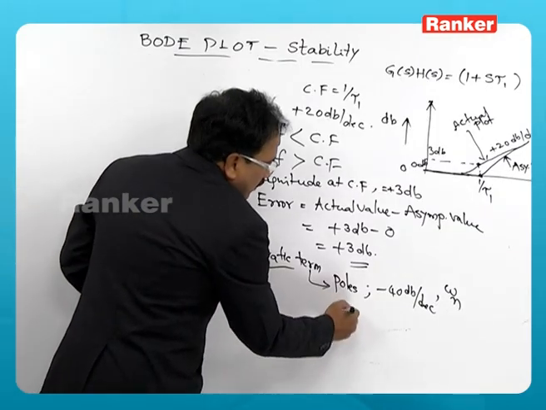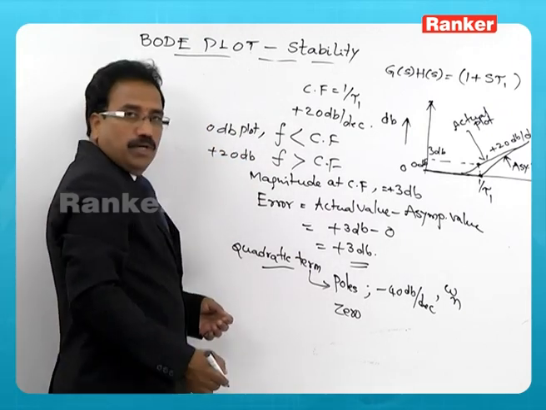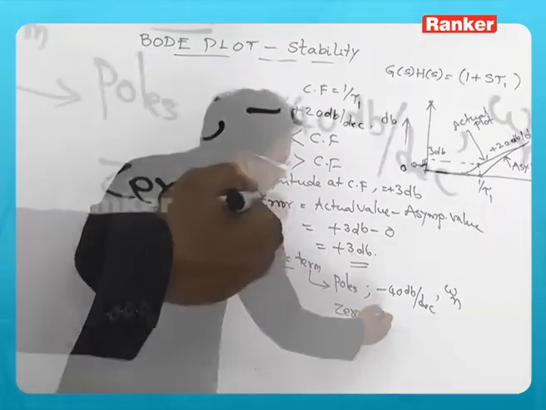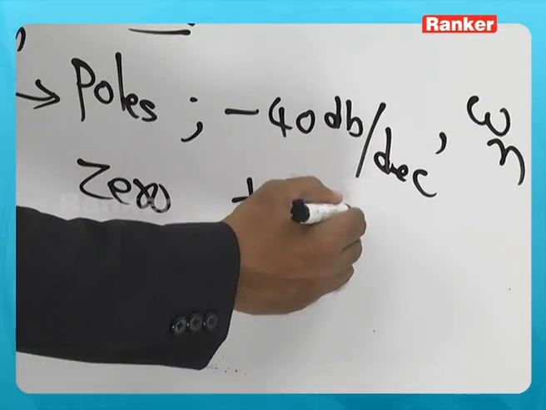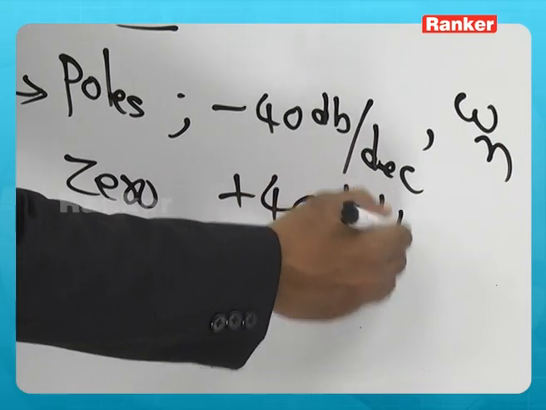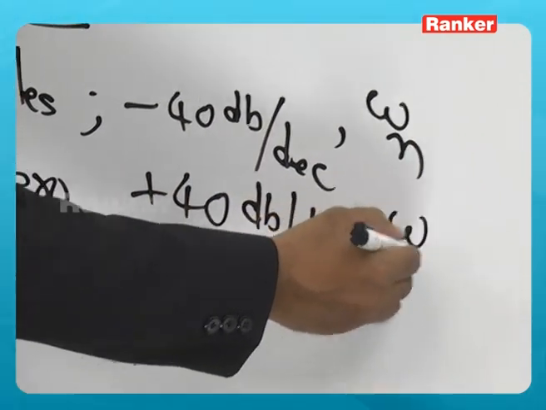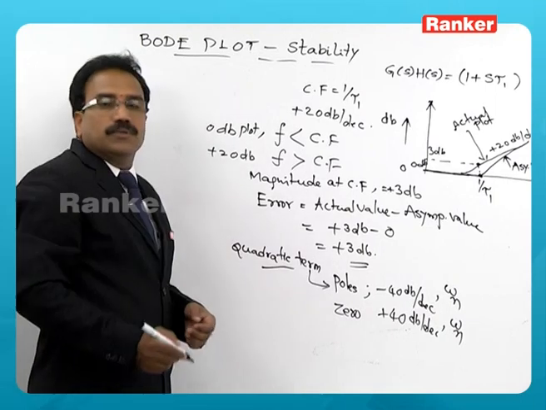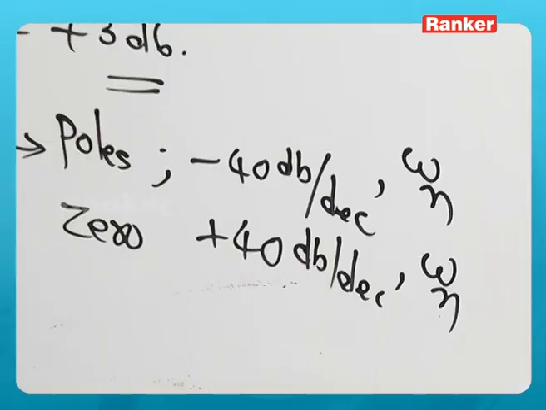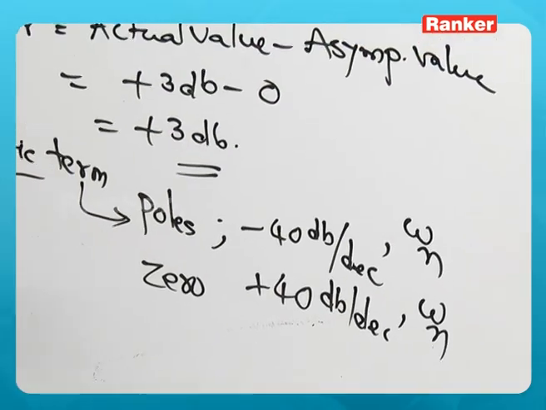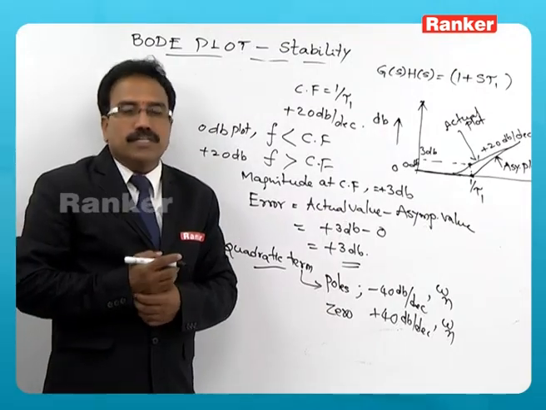Similarly, if it is a quadratic term in the numerator, it will have a slope of plus 40 dB, and the corner frequency is equal to the undamped natural frequency that is obtained from the given function itself.